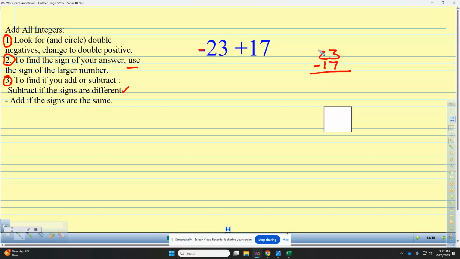Can't do 3 minus 7, so I'm going to borrow from the 2. That gives me 10 ones to add to the 3, so that's 13 minus 7 is 6. 1 minus 1 is 0. So our number is 6. Remember, number 2 said our answer is negative, so we get negative 6. You can do this with number lines, but this is probably the quickest, easiest way to do it.